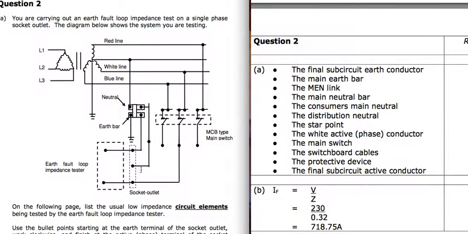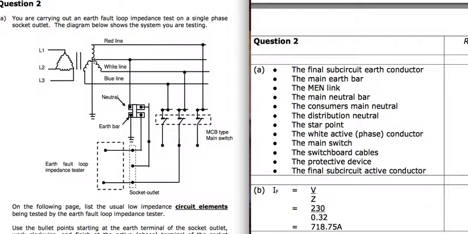So going from the earth connection there, we've got the final sub-circuit earth conductor, which goes to the main earth bar, which goes to the MEN link, this MEN link, which goes to the neutral bar, and then the consumer's neutral, and then the distribution neutral to the star point of the transformer.